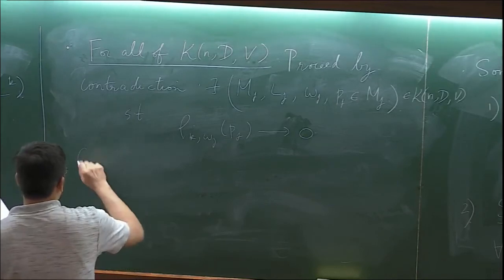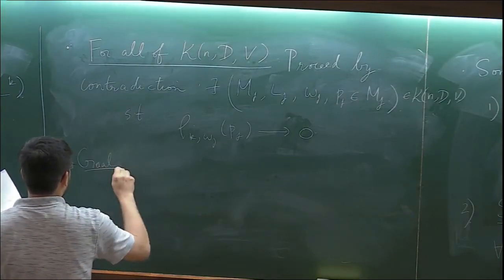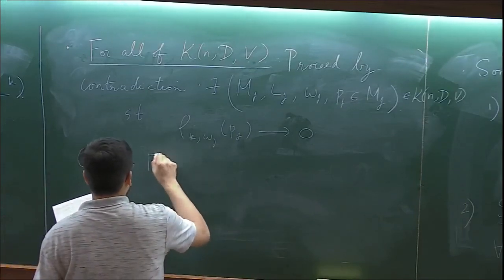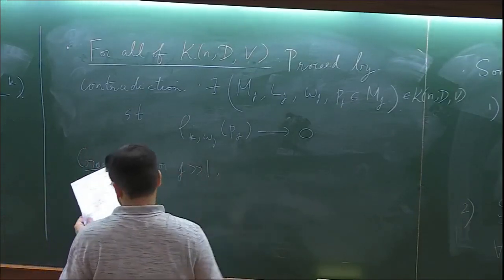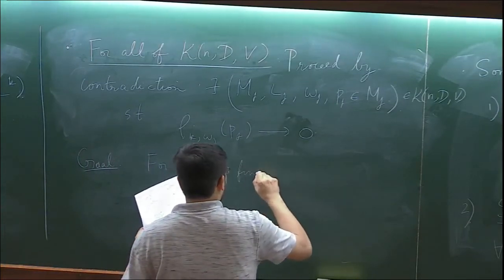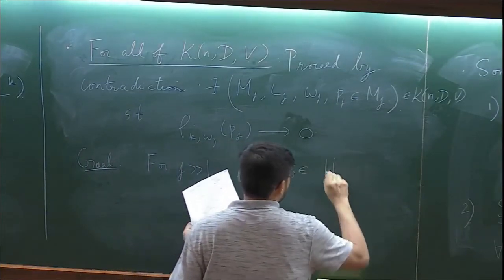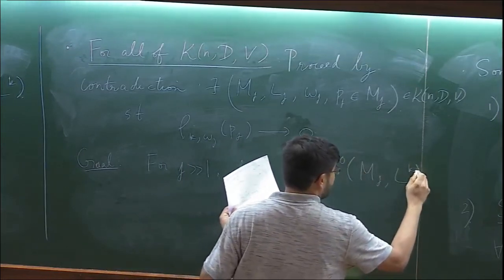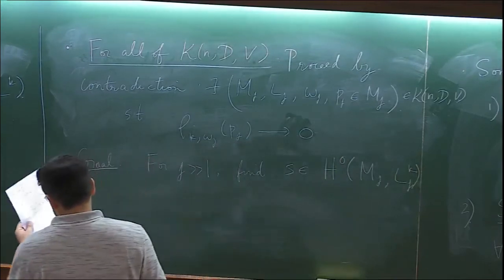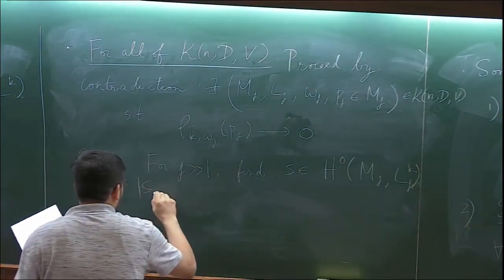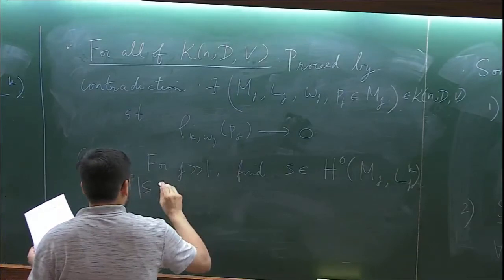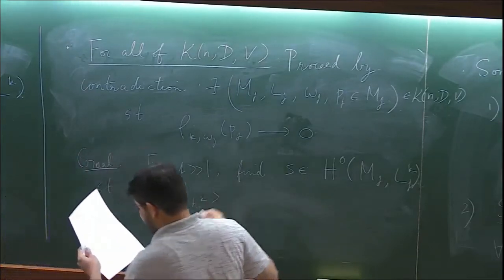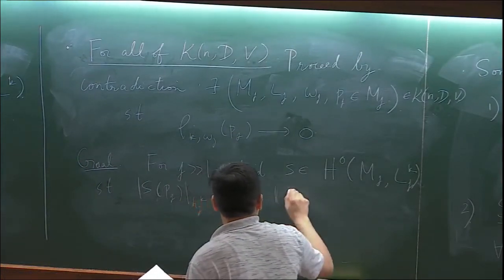So again, what is the goal? The goal is, for j big, we want to find a section S, which is a holomorphic section in Mj, Lj to the k naught, such that the value of this section at the point pj is, let's say, bigger than half, and the L2 norm is under control.